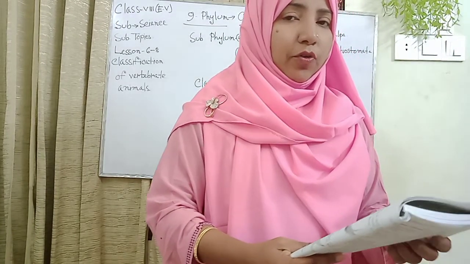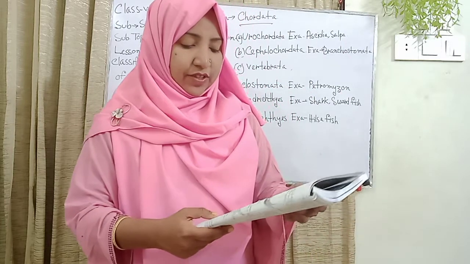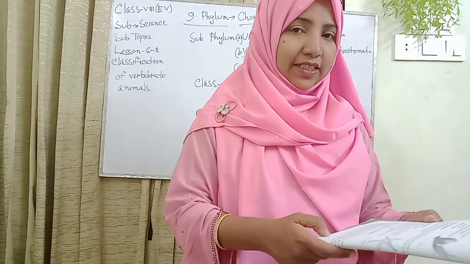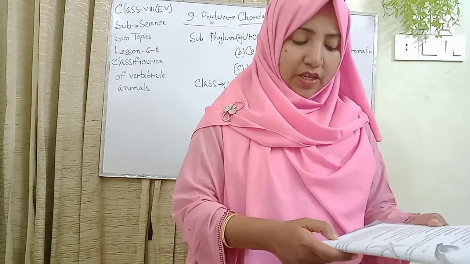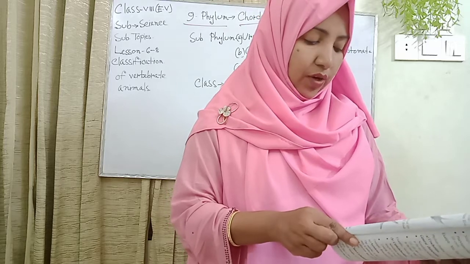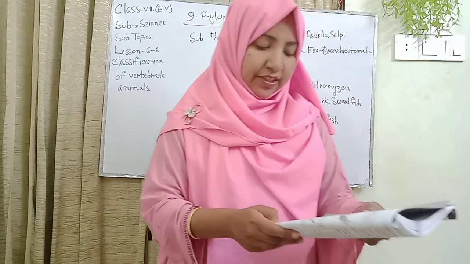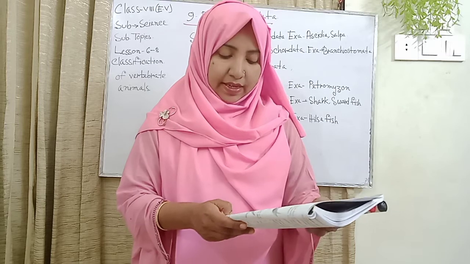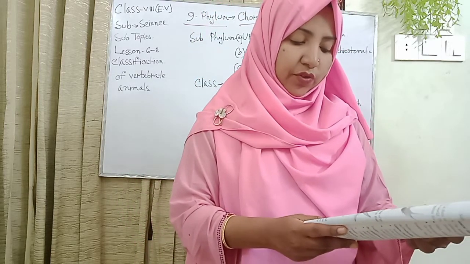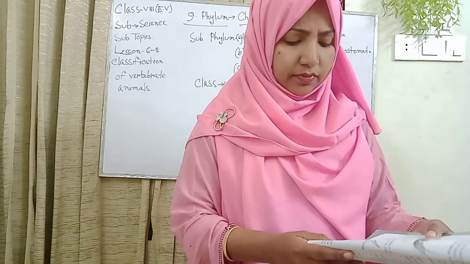Now, please everyone open the books. First is the phylum Chordata, and the first topic is habit and habitat. Chordates live in all sorts of environments of the world. Many species are terrestrial in habit. Among aquatic chordates, many species live in fresh water or in the ocean.